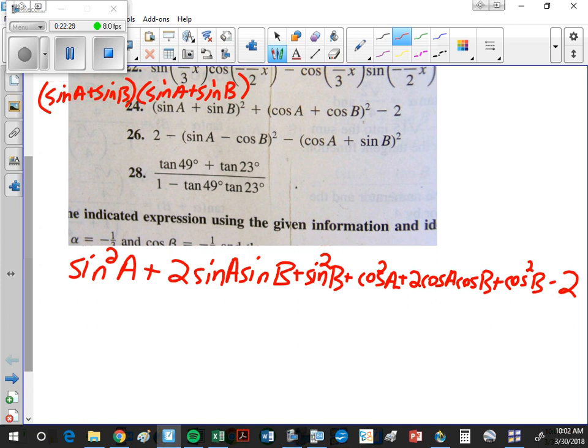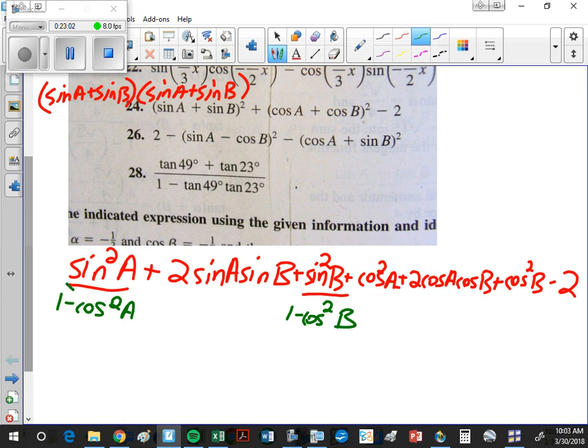Is cosine squared minus 1 on your reference sheet? It's 1 minus cosine squared. So what we need to do is switch these to cosines, and then the 1's will cancel. So this is 1 minus cosine squared of A, and this one is 1 minus cosine squared of B. And what do you notice?